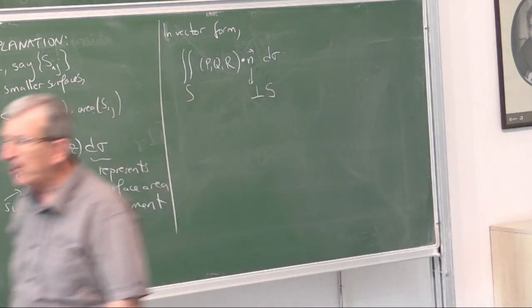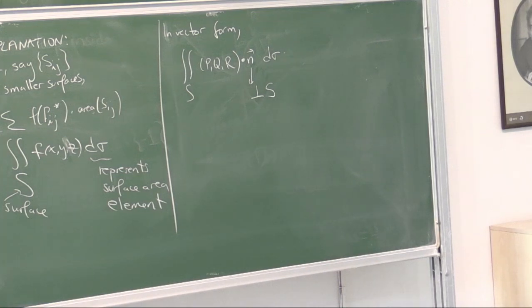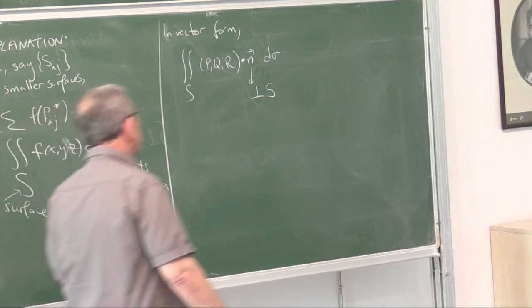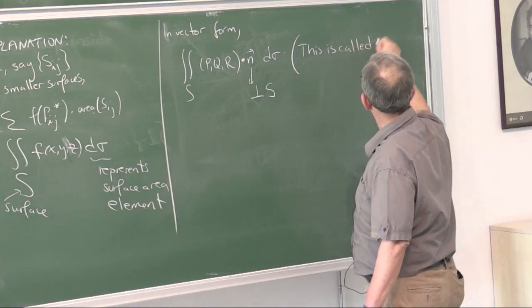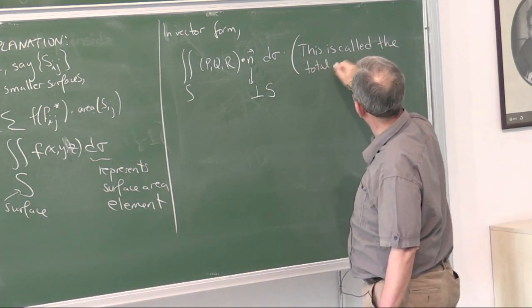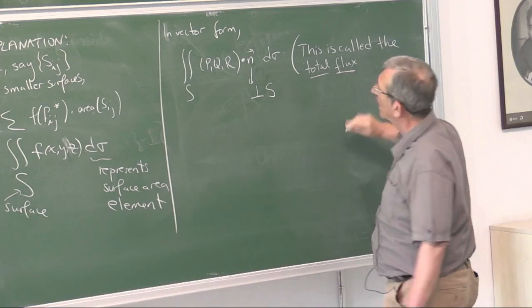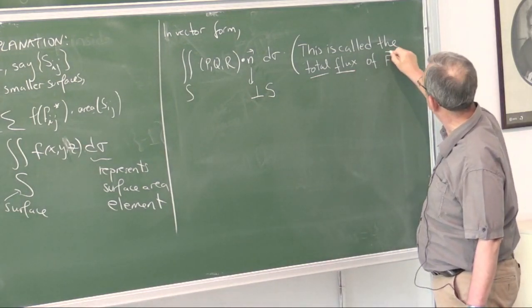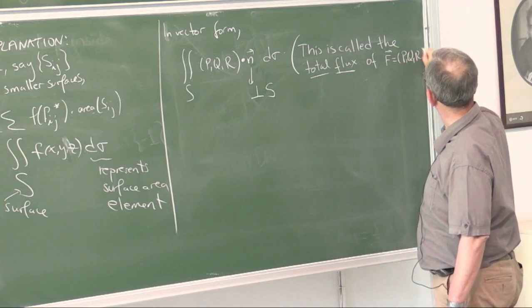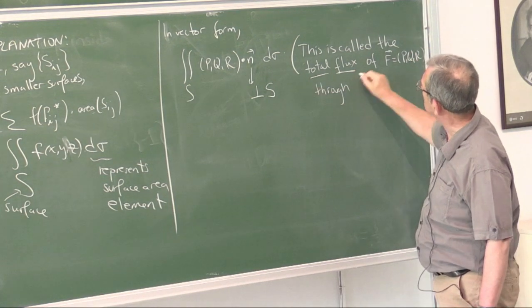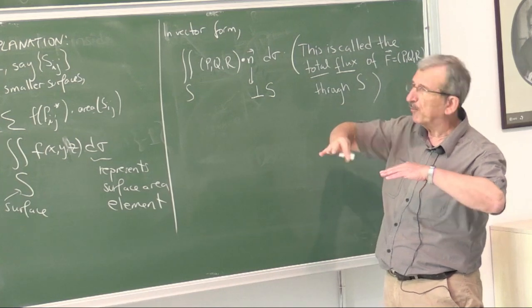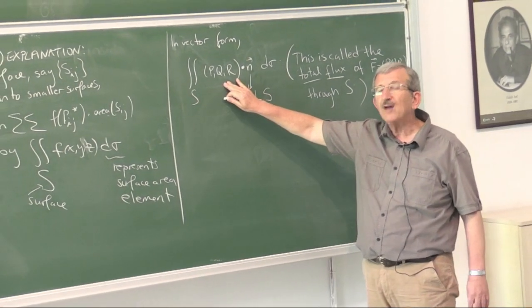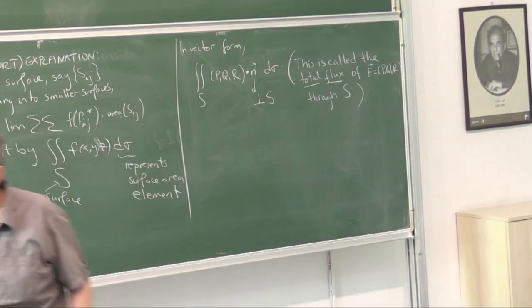Now, having not defined but roughly explained what we have there, let me also say that this is called the total flux of F, which is (P, Q, R) here, through S. Let us think a little bit physically.